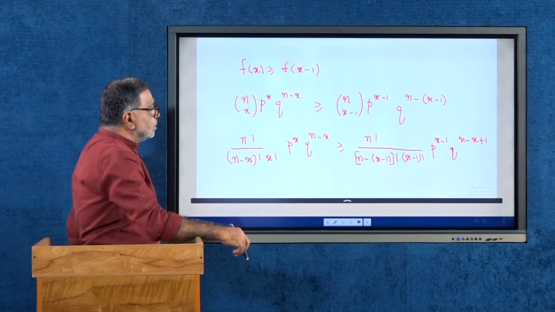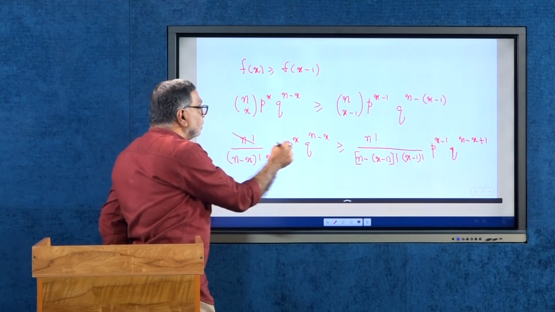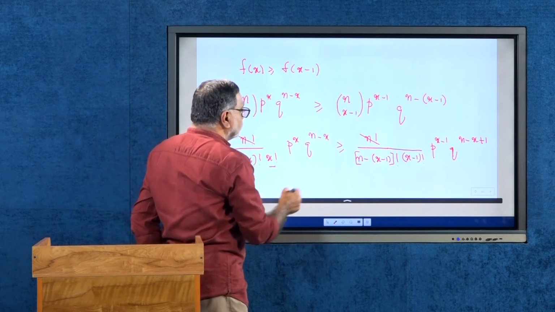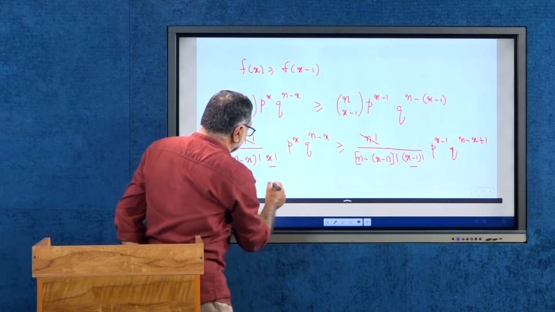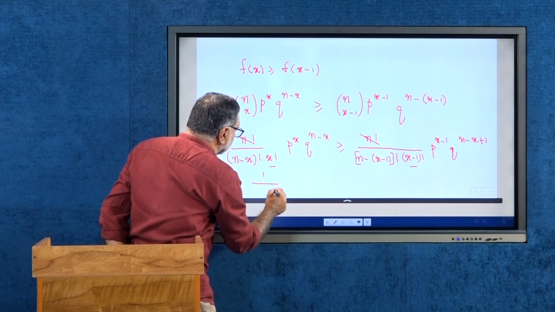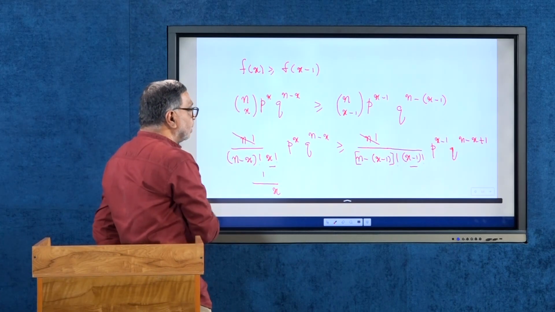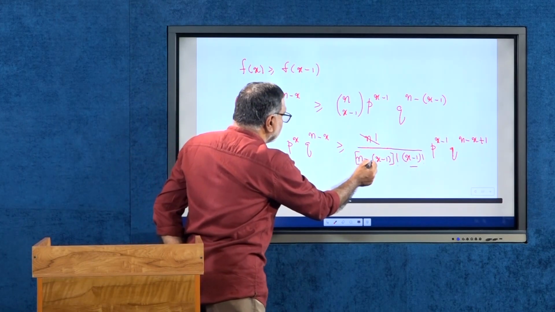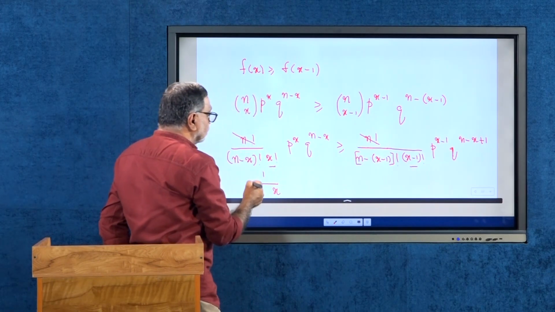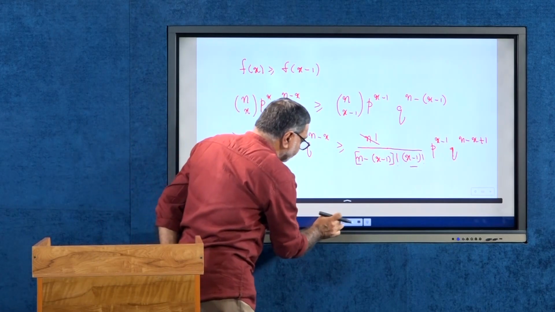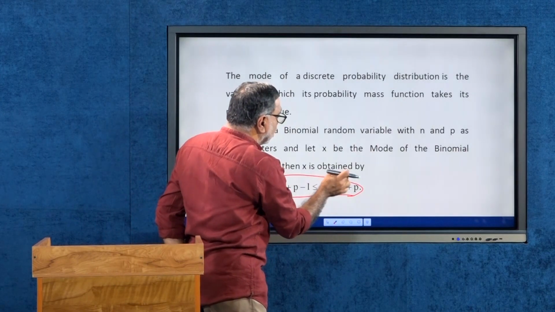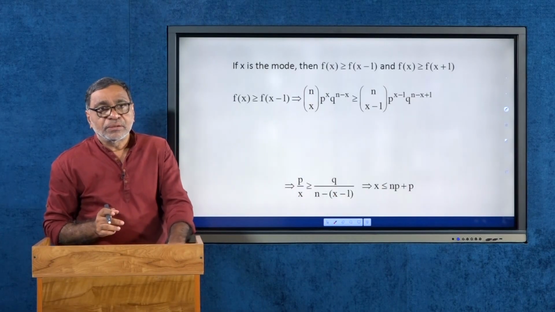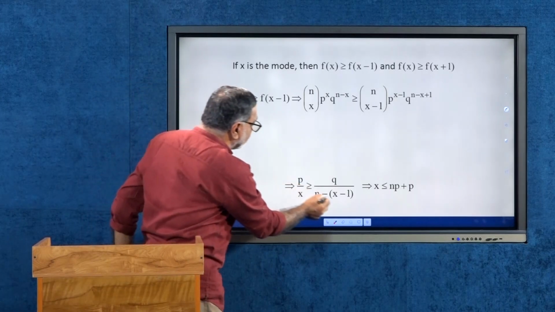So, see, this n factorial common factor can be cancelled, and from x factorial and x minus 1 factorial, x is remaining there, and n minus x factorial and n minus x minus 1 factorial, you simplify.